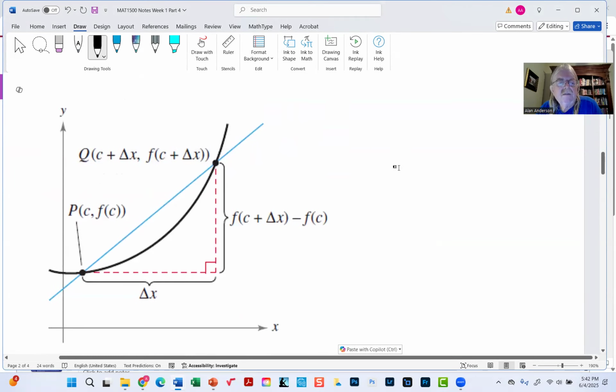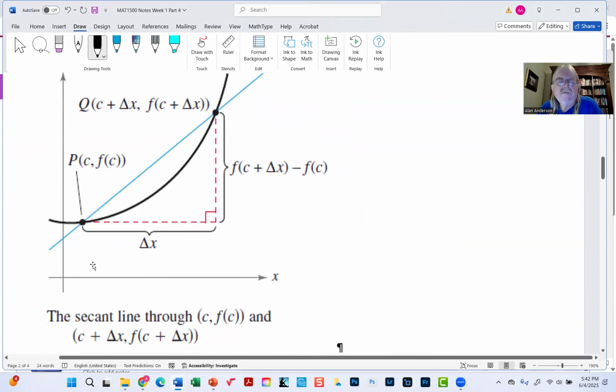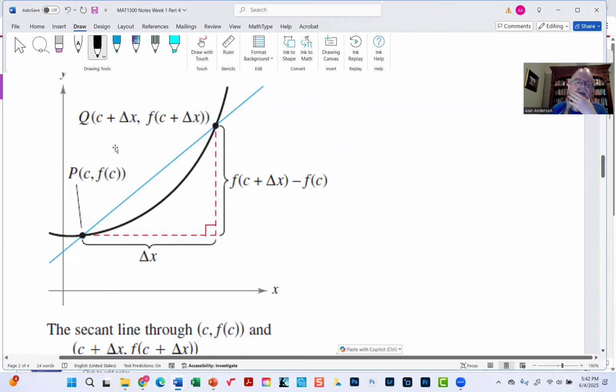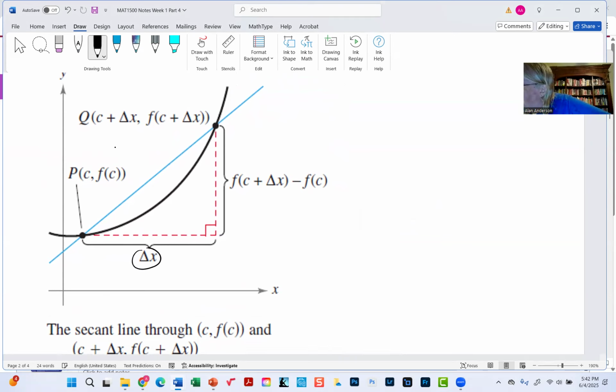So there are two points, P and Q, we're calling them. The first one has the X coordinate c, Y coordinate f of c. And what they're saying here is that the difference between the two is this delta x. So if, let's say, c is 2 and delta x is 1, then c plus delta x would of course be 3. So the change between the X coordinates is defined by this delta x. And delta x simply means it's a relatively small change in x.